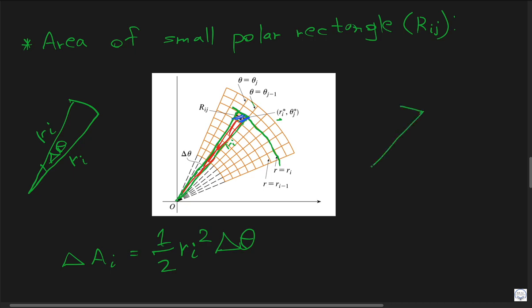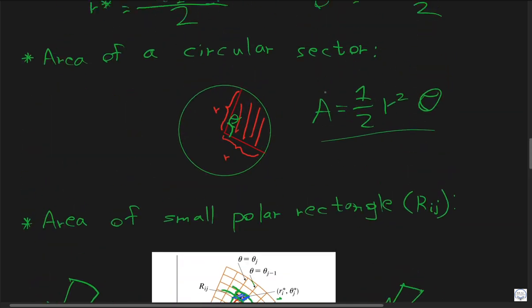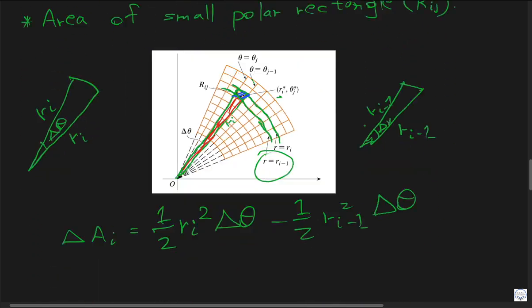The smaller region will have a radius of R i minus 1, and this is also R i minus 1. The angle does not change even if I change my r value, delta theta. So the area over here is also half R i minus 1 squared delta theta.